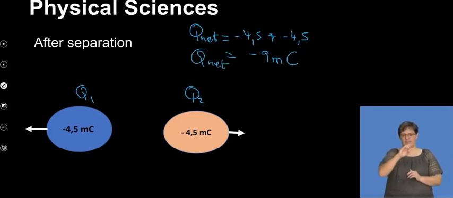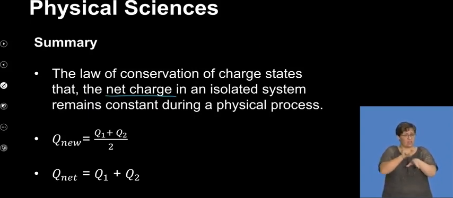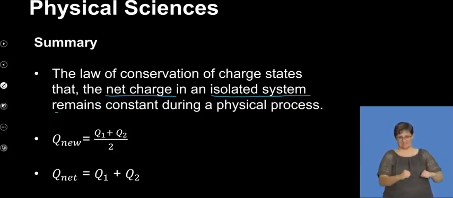So our Q net has not changed. Okay, right. So it means the principle of conservation of charge is still valid, or it still holds in this case. Right. Now, what are we saying in a nutshell? We're saying that the law of conservation of charge states that the net charge, so the net charge is one of the key terms, okay, in an isolated system, remains constant during a physical process.